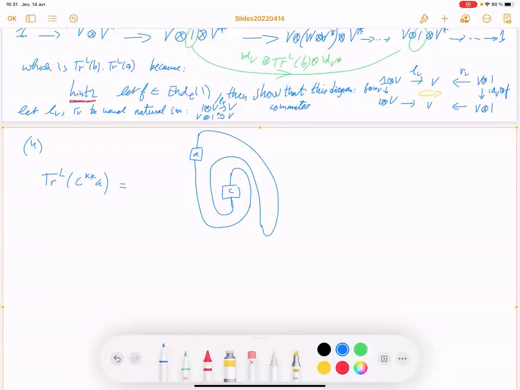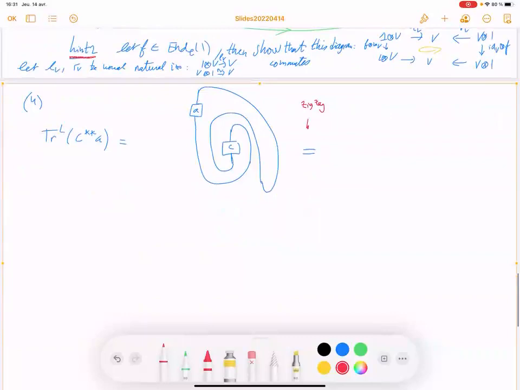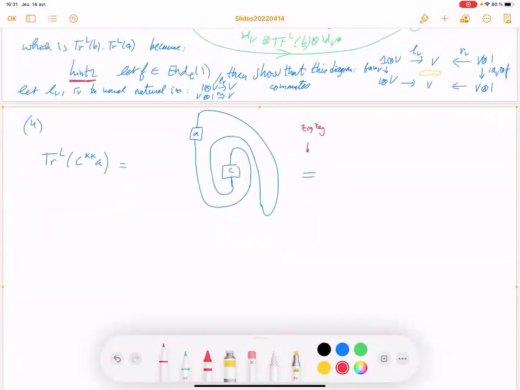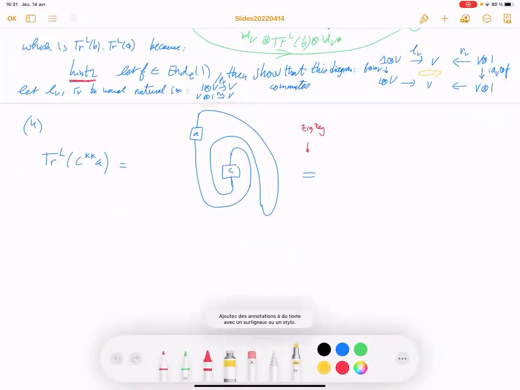And so you see, by the zigzag relation again, you apply the zigzag relation here, like that.